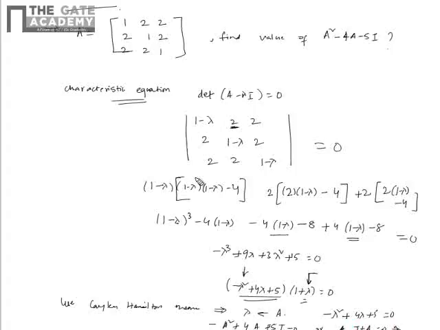But a can't be minus i, because a is already given. So we are left only with this, and that is what is asked, a square minus 4a minus 5 is equal to 0. So the answer for this is 0.